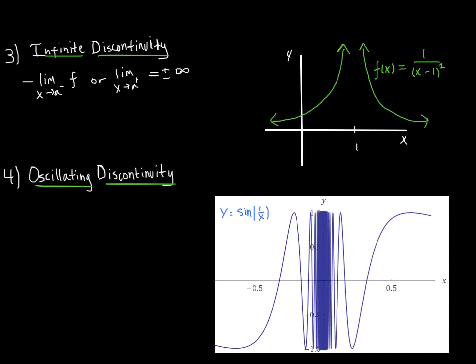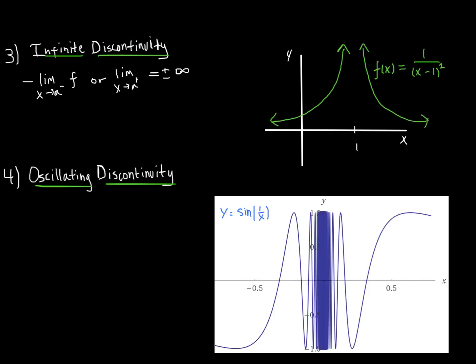Okay, the next type of discontinuity that we have is what's called an infinite discontinuity. Taking a look at this example where we have the function 1 over (x minus 1) squared, there's an issue where we have a vertical asymptote at x equals 1. If I'm looking at the limit as x approaches a of our function, you'll notice that either the left or the right side limit, in this case both, are going to equal positive infinity.